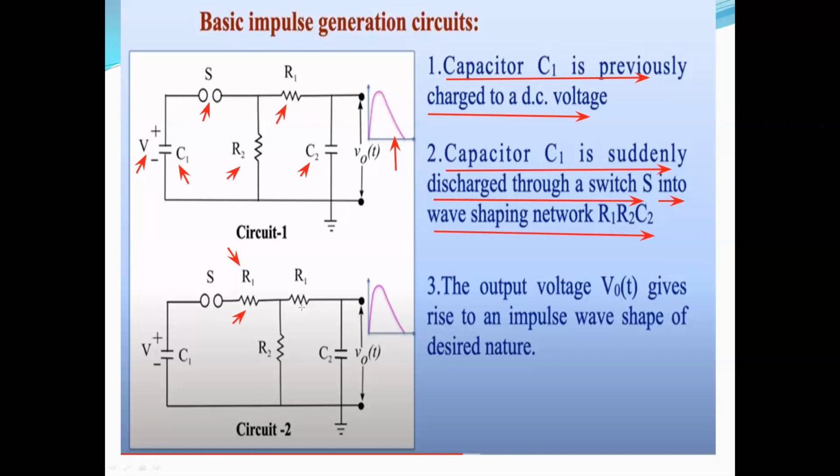It's clear. The output voltage V naught of t gives rise to an impulse voltage wave shape of desired nature. Understood?